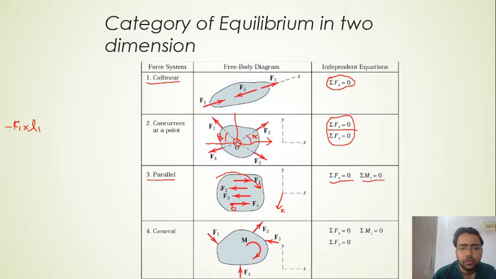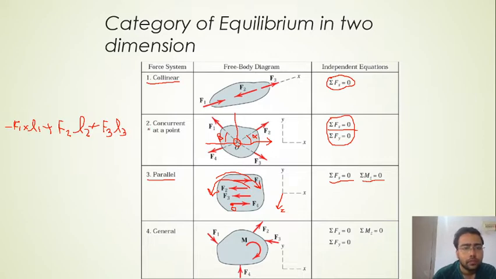Then for the case of force F2, you can see it will be positive because it is creating anti-clockwise motion, right? So F2 into L2, right? Same way, plus F3, because F3 is also creating anti-clockwise movement, right?